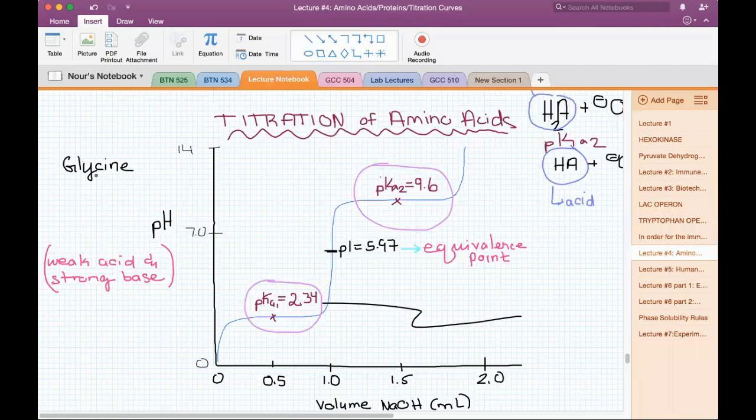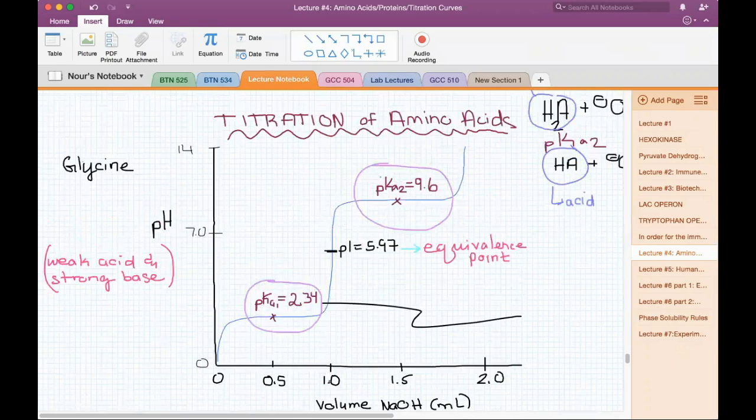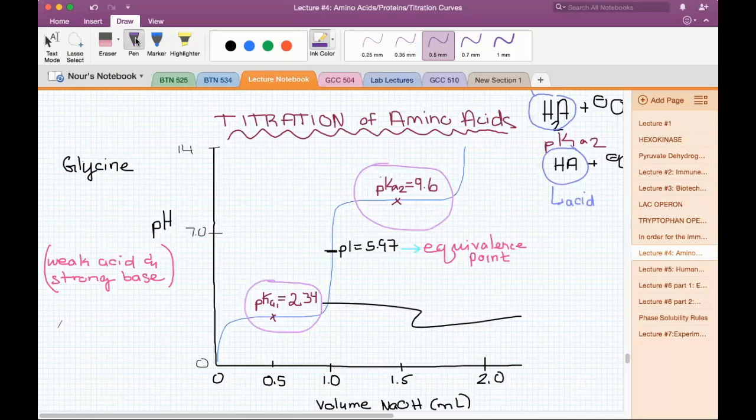Glycine has two groups that have a pKa. The first pKa is around 2.34, and the second pKa is around 9.6. The pKa's are on the carboxyl group and the amino group.